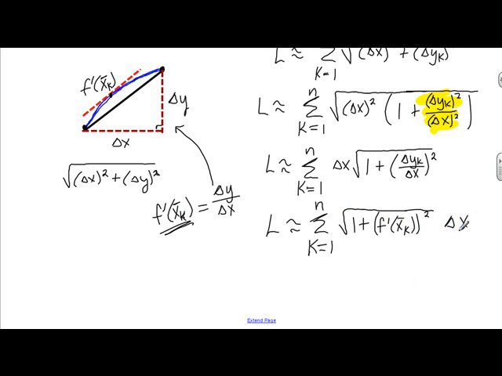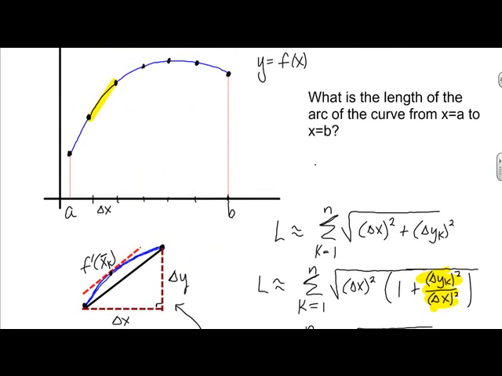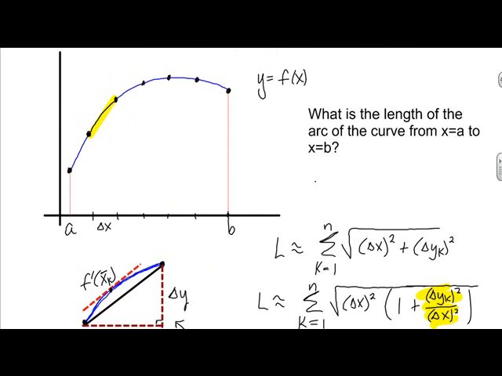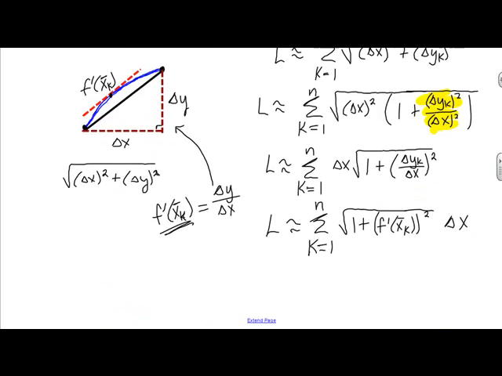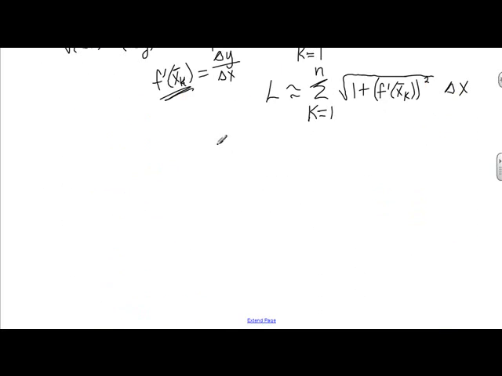Alright, so again, this is just an approximation. If you think back to how we've done so many things in calculus, we take a look at finding an approximation, and we realize that if we have smaller subintervals, our approximation is better. So if you squeeze in more subintervals between a and b, you've got a better approximation. So to get the exact value of the length of this curve, we're going to take the limit as n approaches infinity of that.